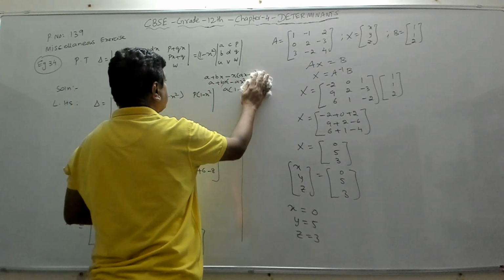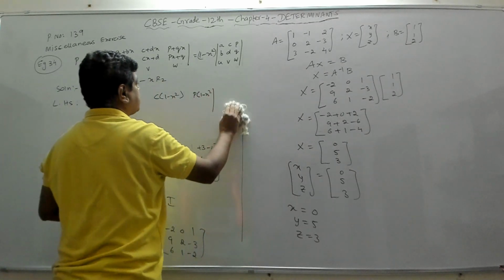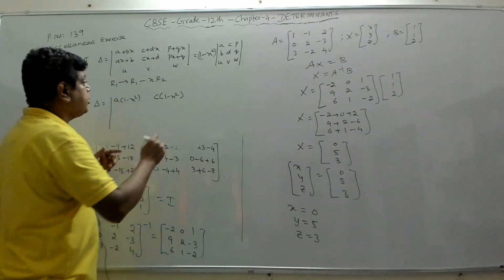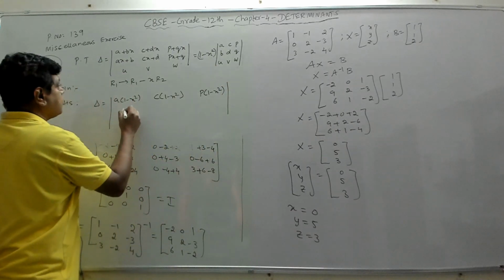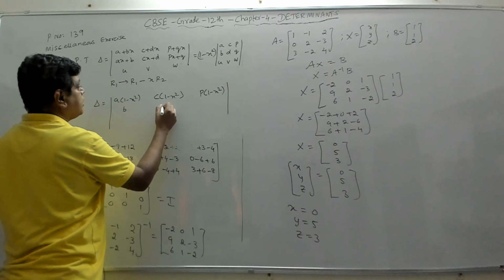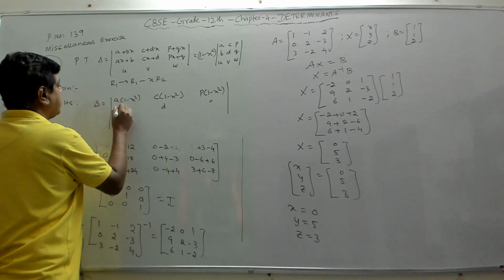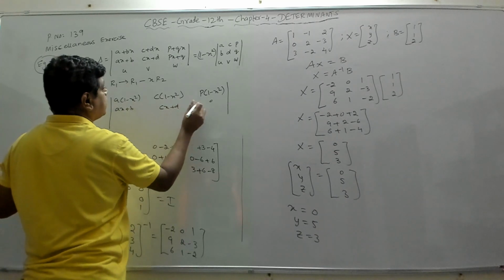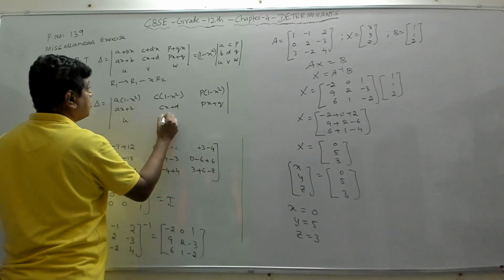I just showed you how this a into 1 minus x square comes. I'm erasing this. Similarly, this will become p into 1 minus x square. Close the determinant. The other two rows I will write as it is: ax plus b, cx plus d, then px plus q, and the third row, no change.